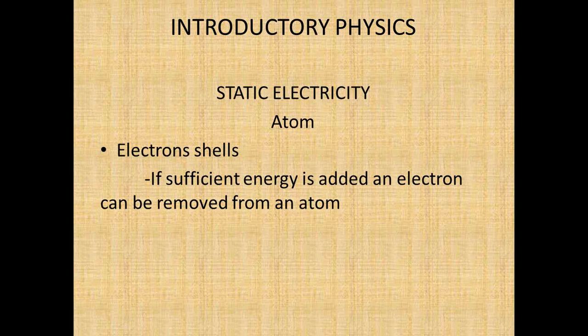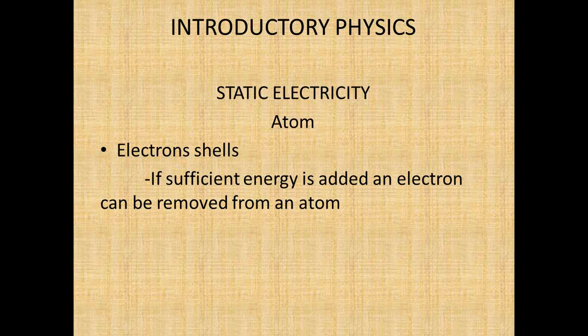The nucleus, which contains the protons and the neutrons, is relatively stable, so you can't really disturb them too much. But you can move the electrons off the atom. Electrons can be removed or added. Very important. Okay? If you add sufficient energy, you can remove the electrons from the atom.